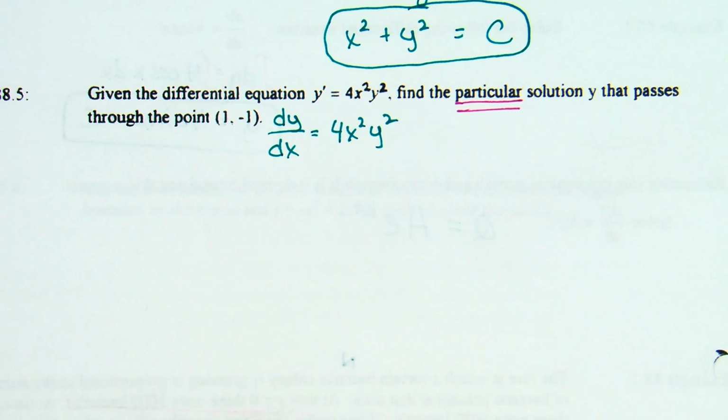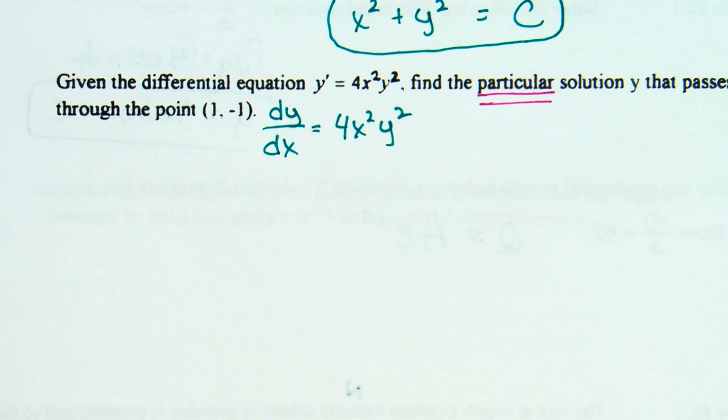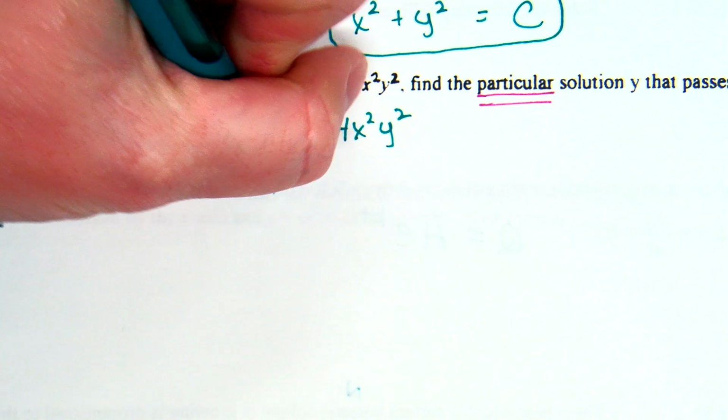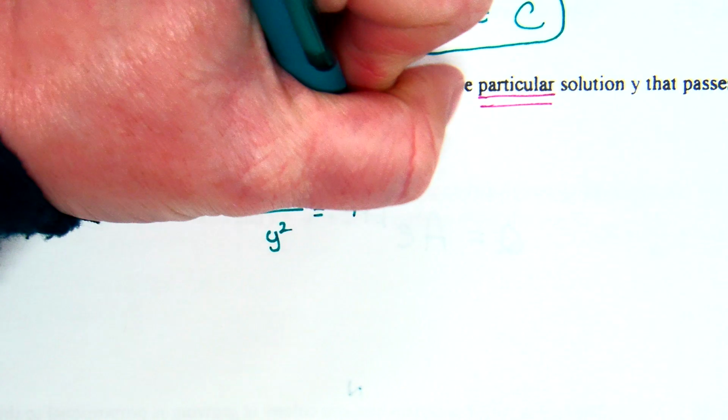Multiply the dx to get all the x's to the right, and divide by y squared. Sorry, this one's not going to be quite as pretty. So we have dy divided by y squared equals 4x squared dx.